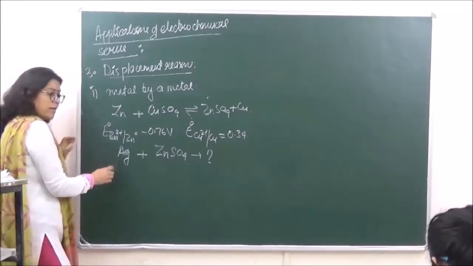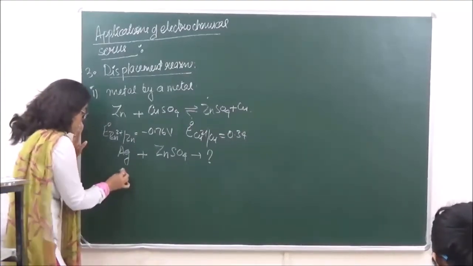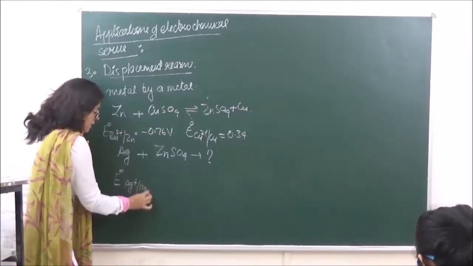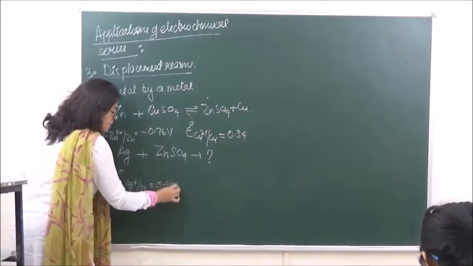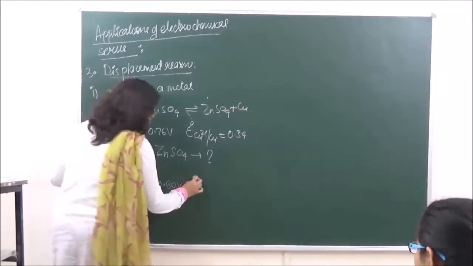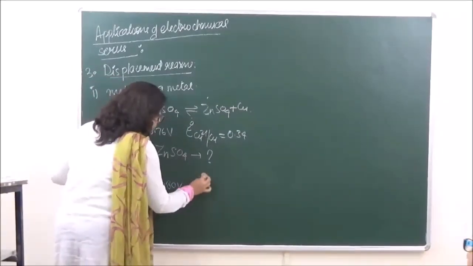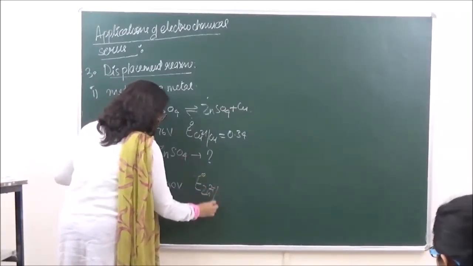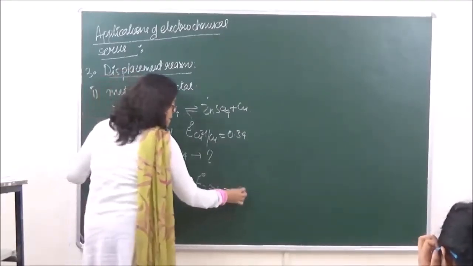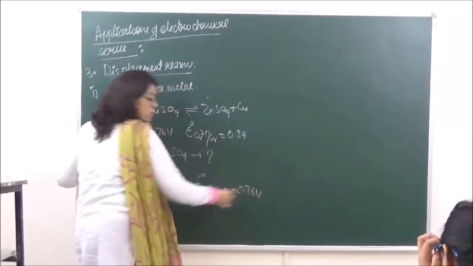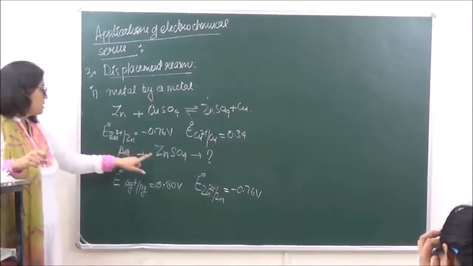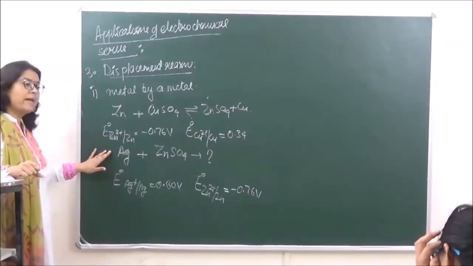When we are talking of the value of E0 for Ag+ to Ag, it is 0.80 volt. And for zinc it is minus 0.76 volt.